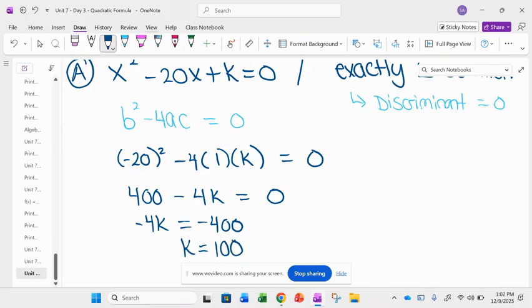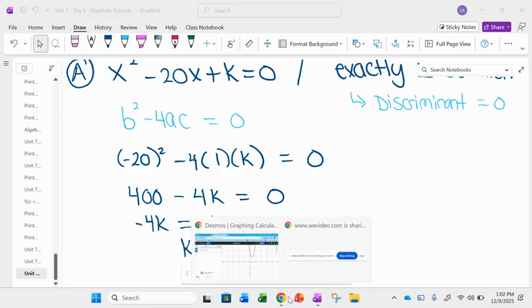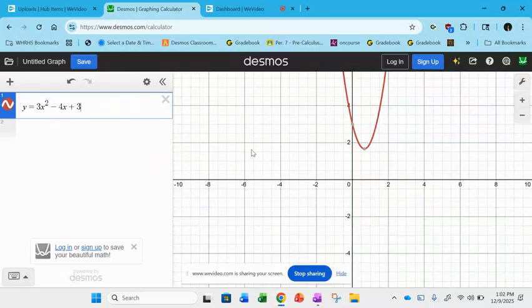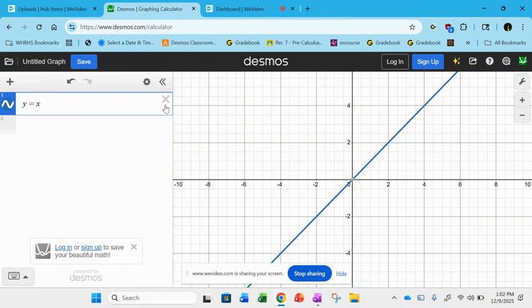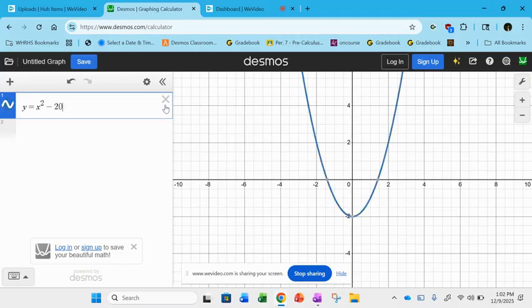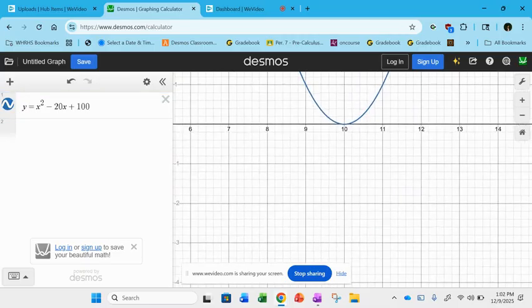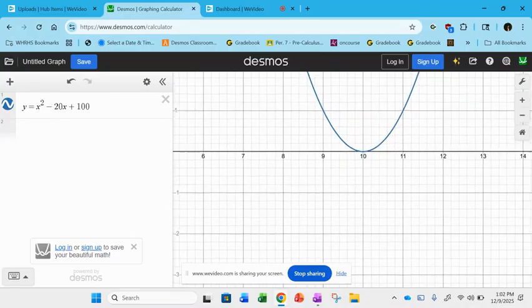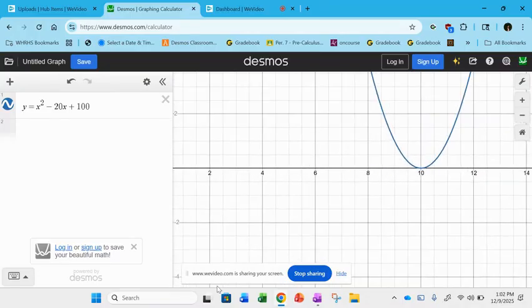So what does this tell us? This tells us if k is 100, I will have a double root. Let's see what that looks like. So we're going to have y equals x squared minus 20x plus 100. And is that our double root right at 10? Yes.